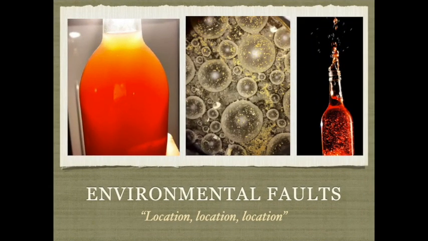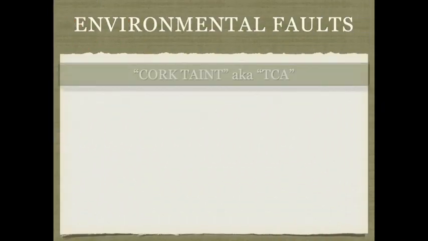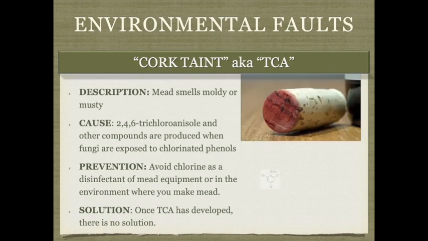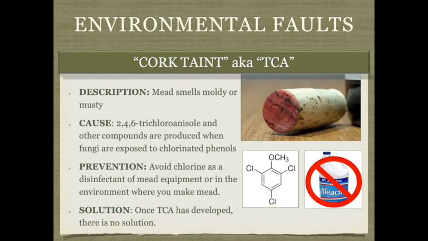Environmental faults. Location, location, location. One of the more common ones in wine is cork taint, also called TCA, and that stands for 2,4,6-trichloroanisole. These compounds are produced when fungi are exposed to chlorinated phenols.